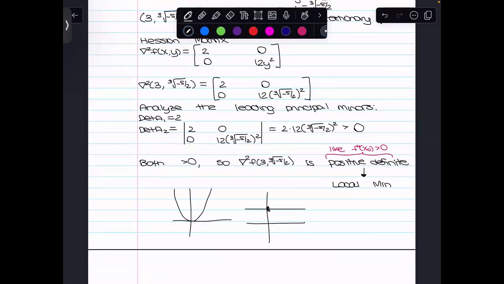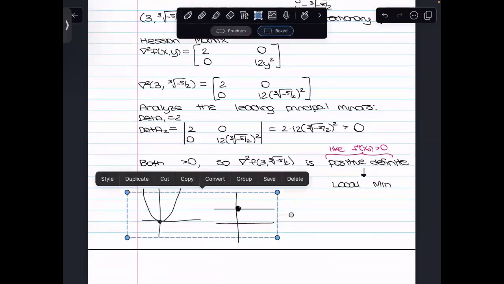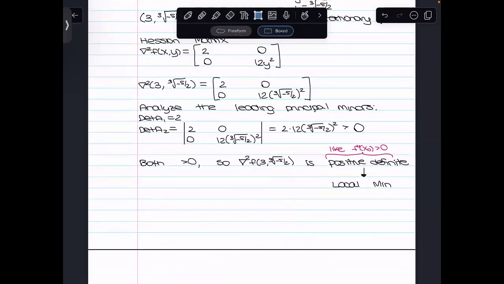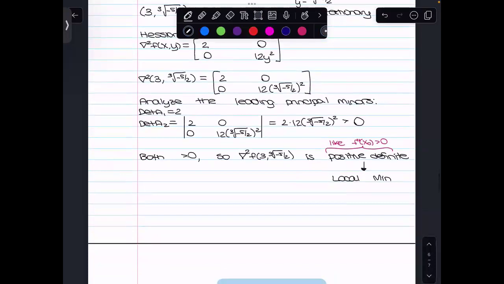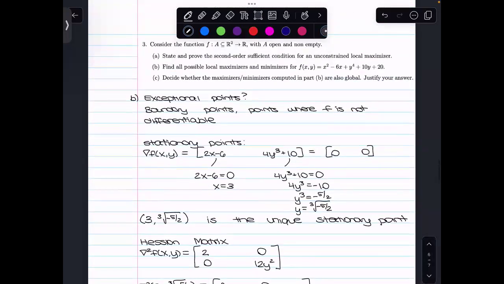The point is that whatever point we're looking at is still considered a local and global min. So positive semi-definite at a specific point doesn't guarantee anything. Same goes with negative semi-definite. But if instead it's for the whole function, then you can say that it's not just a local, but even a global min in the case of positive semi-definite. So that's actually what's going to happen here, because now they ask us if they're also global.